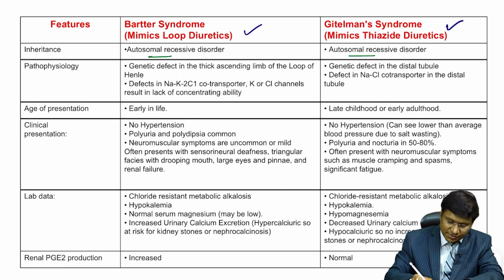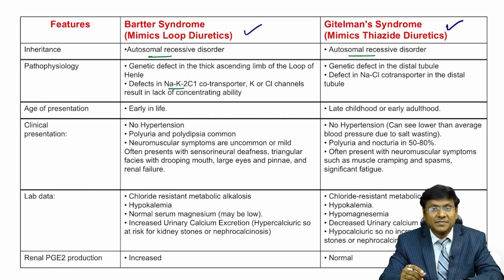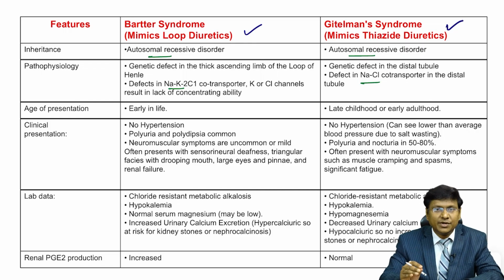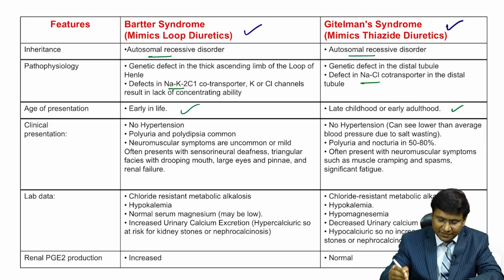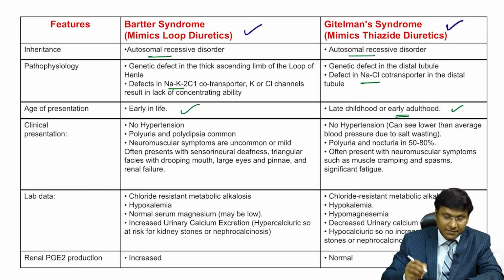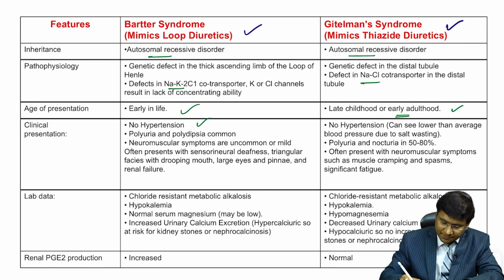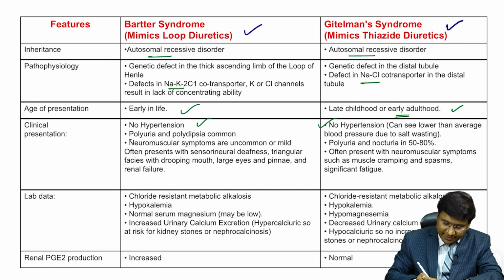The abnormality in Bartter's is in the sodium potassium 2 chloride channel, whereas in Gitelman syndrome it is the sodium chloride co-transporter. The age of presentation is early in life in Bartter's, whereas in Gitelman's it is late childhood or early adulthood. In both scenarios, the blood pressure will be normal. Polyuria is present in both of these individuals.